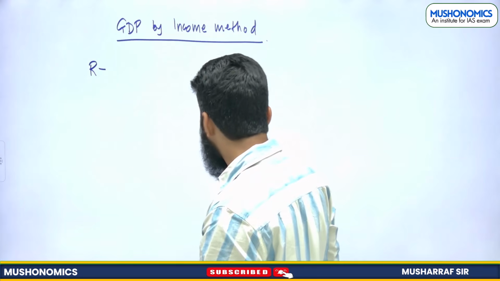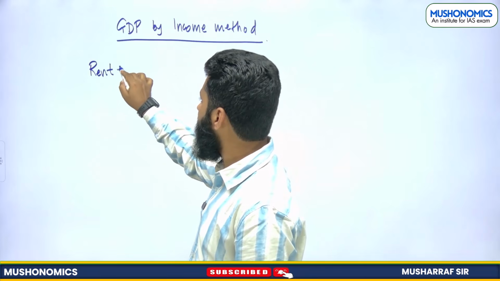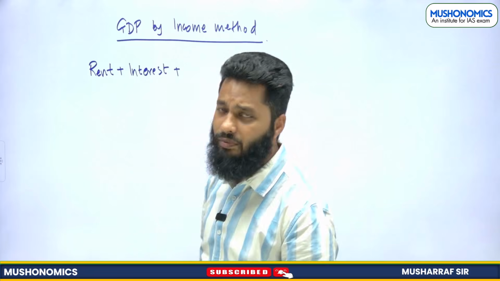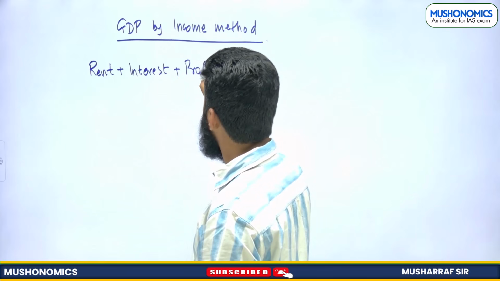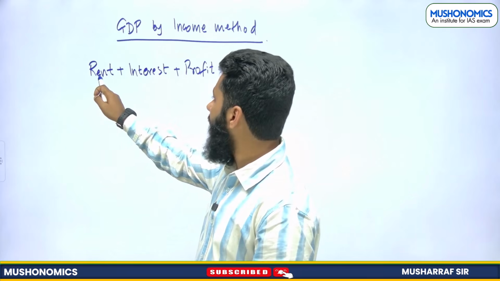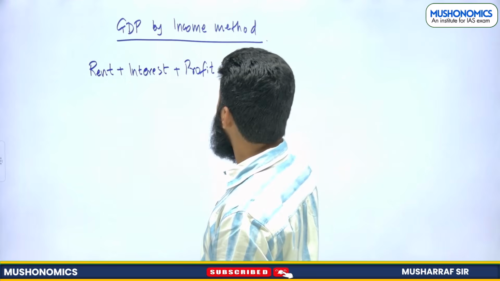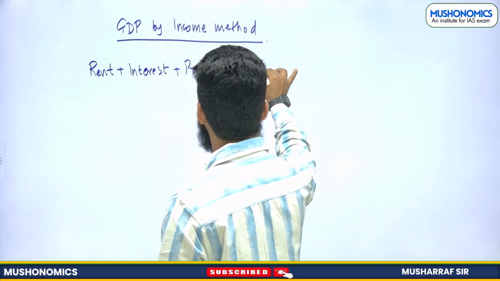First, we classify operating surplus. Operating surplus means rent plus interest plus profit that we earn. This is for land, capital and entrepreneurship skills. Then we add salary or wages.